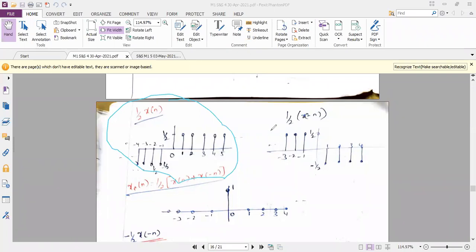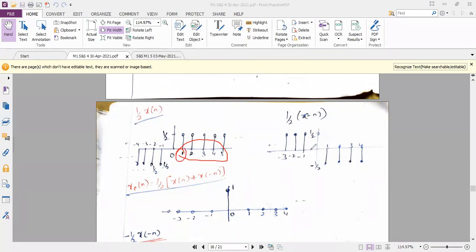Now, without seeing the diagram, I want you to analyze how x of minus n is drawn. You know how to draw x of minus n? So what is the change? Minus n means what was the value in x of n at the positive side will come towards the negative side, and what was at the negative side will come towards the positive side, because we change the value of n.